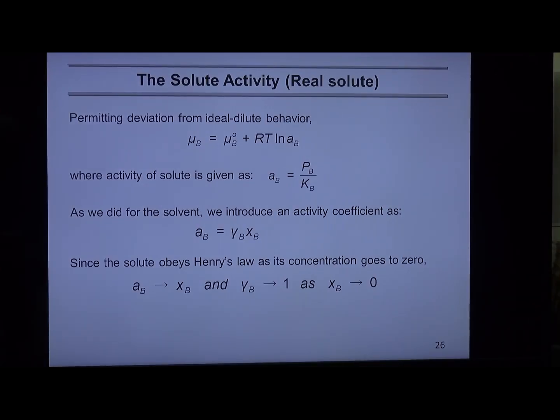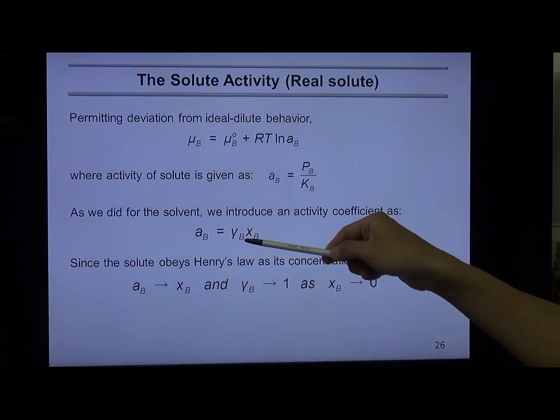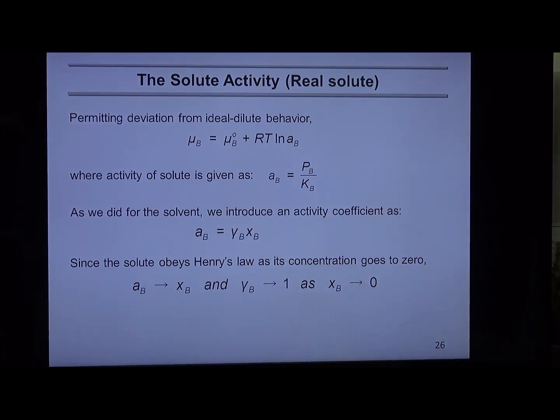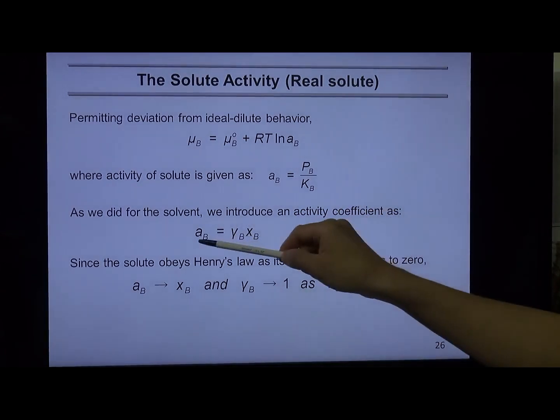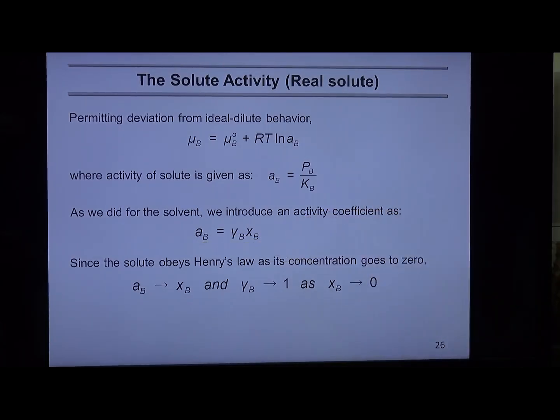Then, as we did for the solvent, we can similarly define activity as gamma B times XB to describe the difference between the mole fraction of B and the activity of B. And we know that as concentration goes to zero, the solute obeys Henry's law.